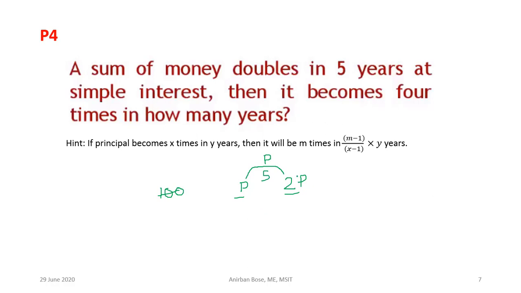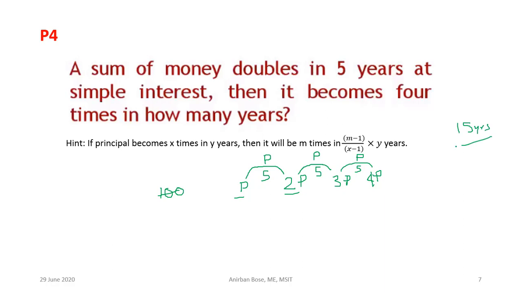In simple interest, the amount of interest remains the same every year. So again P will be added in the next 5 years, and it becomes 3P. The question is when it will be 4 times, that means another P. So in total 5 plus 5 plus 5, 15 years. So the answer is 15 years.